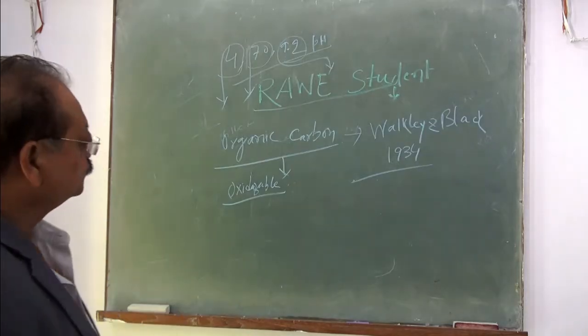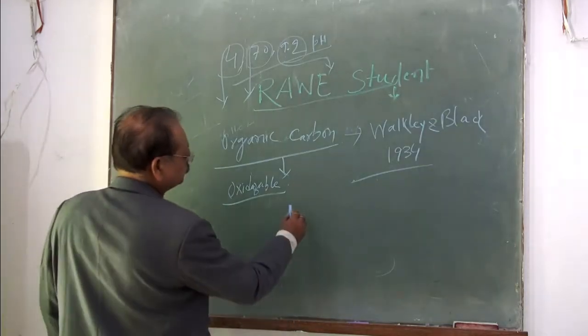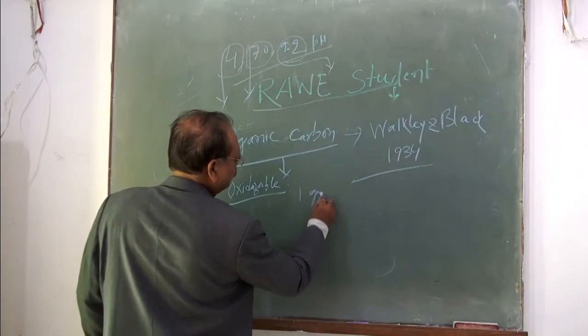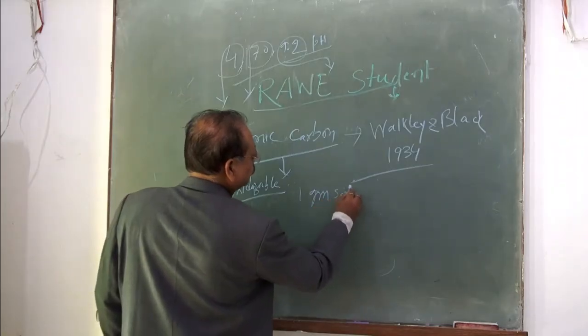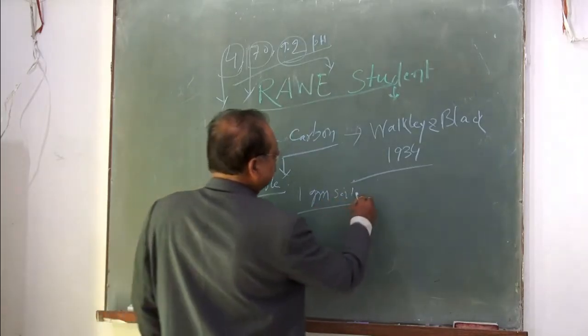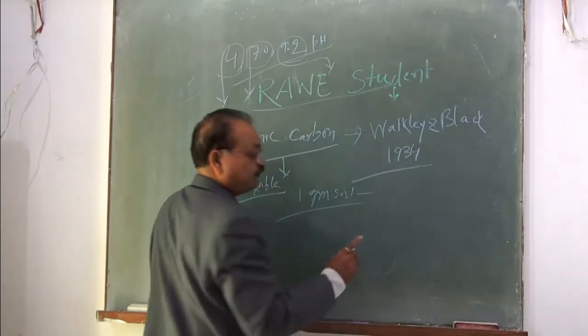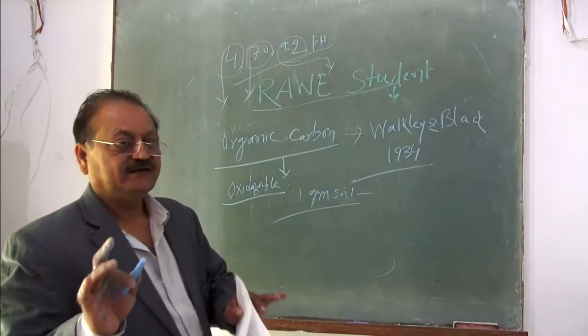Now what we have to do? Take 1 gram soil in a 500 ml conical flask.